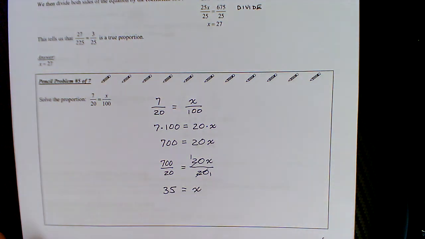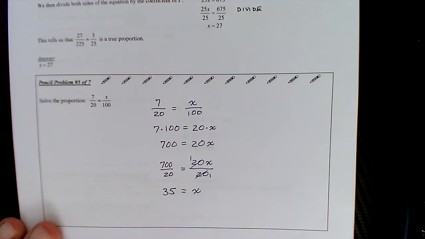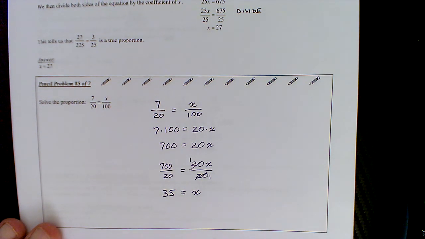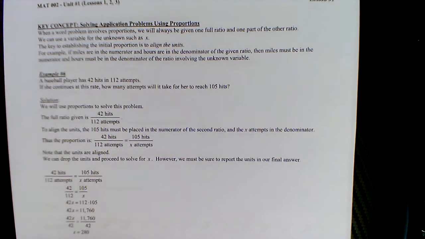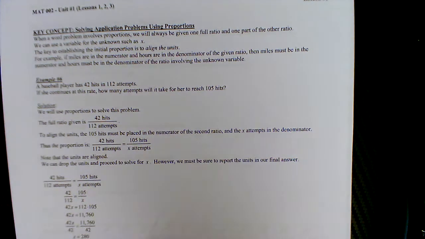Okay, so then we get to the applications involving proportions. And the key to these problems is what I call, as you can see in the key concept, align the units.